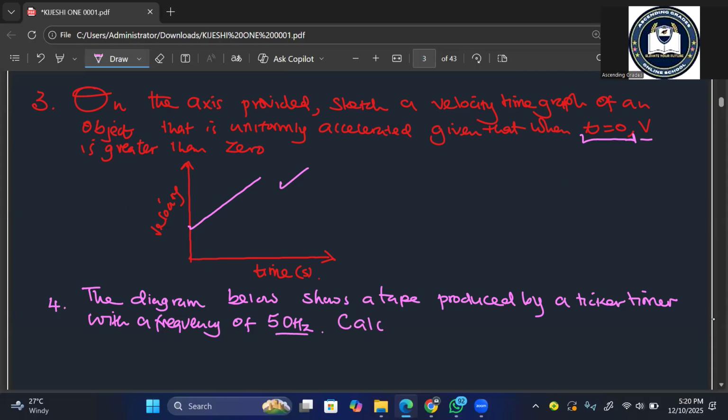Calculate the acceleration of the object which was pulling the tape.